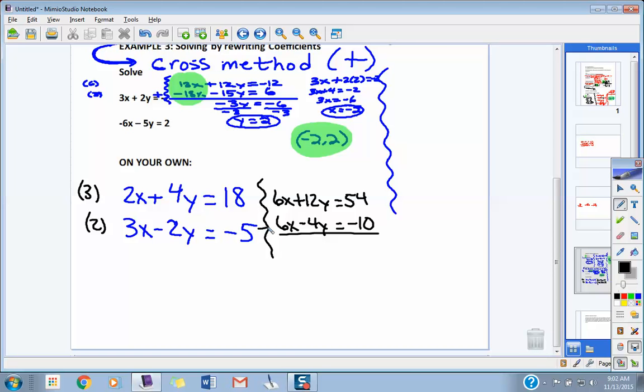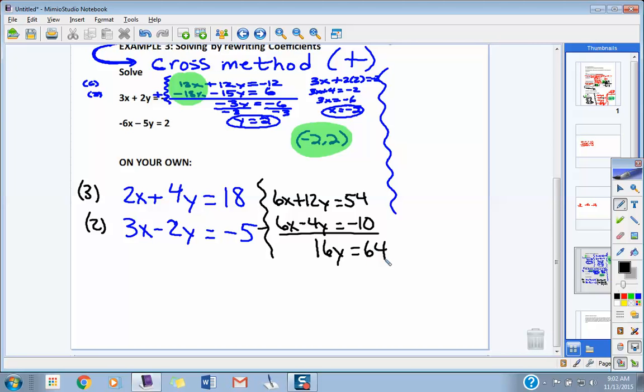All right, so be careful on this subtraction. This is where people get stuck. I'm going to go a positive 12y minus a negative 4y. Subtracting a negative is really adding in that column. So here we go. This becomes 16y. How about 54 minus a negative 10? What's that value? 64. Good.